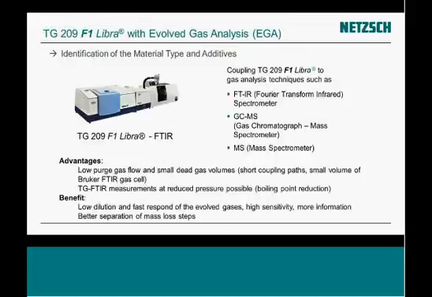So to get more from the TG tool, we couple the TG Libero to evolved gas analysis to get more identification of the evolved gas decomposition composition. The TG Libero can be coupled to FTIR, GC-MS, and MS. The advantages, which I already mentioned before, are that the low purge gas flow and the small dead gas volume are ideal for good sensitivity in this coupled gas analysis.